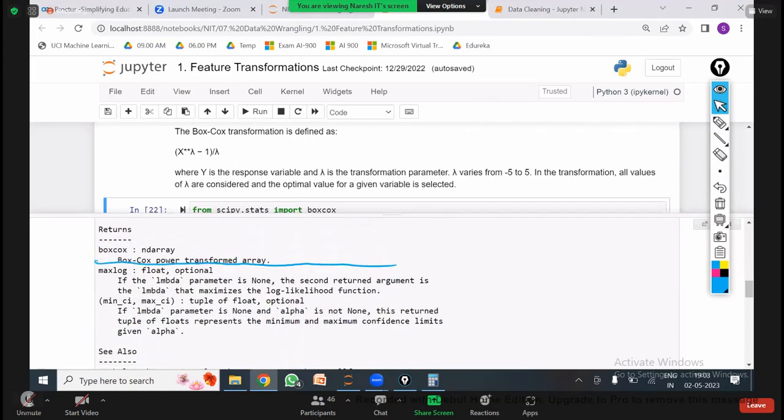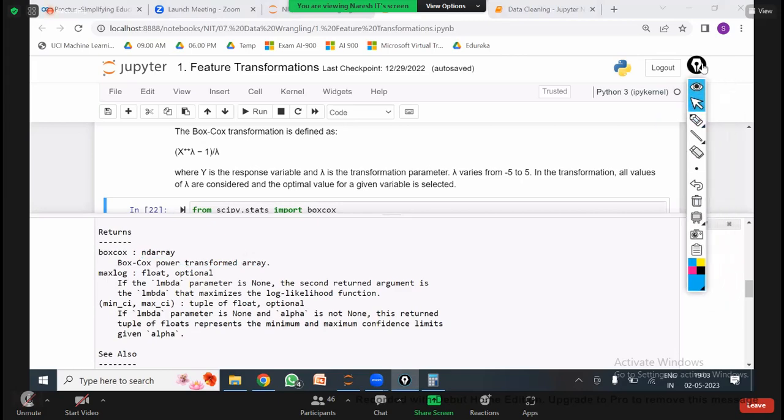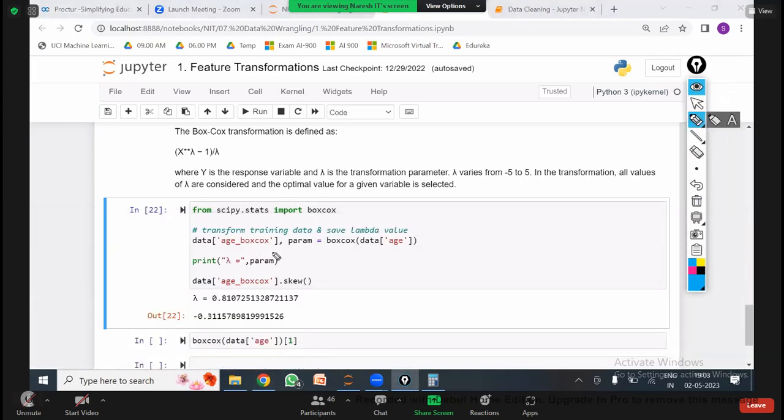So if you see in the return output, you are going to get one n-dimensional array, that is the transformed data, and along with that the lambda value. So two values you are going to get. One is the transformed data, which I'm going to store in this particular variable, and the lambda value I'm storing in this particular variable.